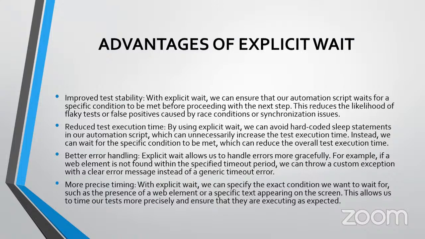Better error handling: explicit wait allows us to handle our errors more gracefully. For example, if a web element is not found within the specific timeout period, we can throw a custom exception with a clear error message instead of a generic timeout error. So I think that's where you can bring in your if-else statement. You can apply that here. And I think we'll go into that.